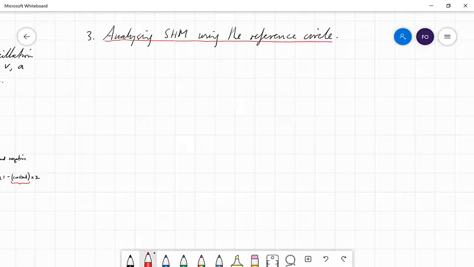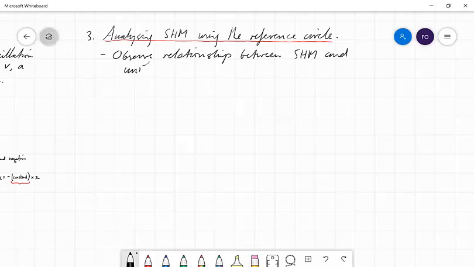All right, so what we're going to do is we'll start off by observing the relationship between SHM and uniform circular motion.